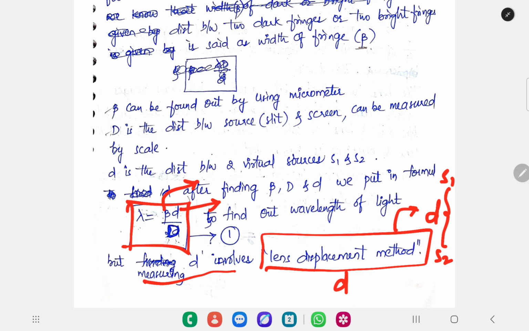Small d is found out by using the lens displacement method. Capital D will be found out by just using the scale. So by substituting beta, d and capital D at these places, we can find out the wavelength of the light. That is the experiment here.